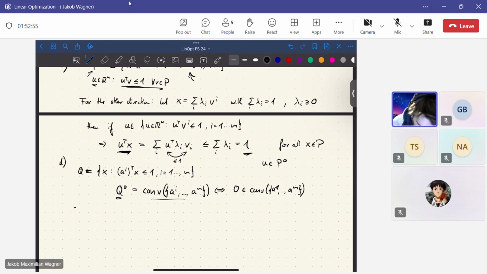How can we prove this? We want to prove this direction of the equivalence. We don't have to do anything because we know that 0 is in the polar set of Q because it's in any polar set.